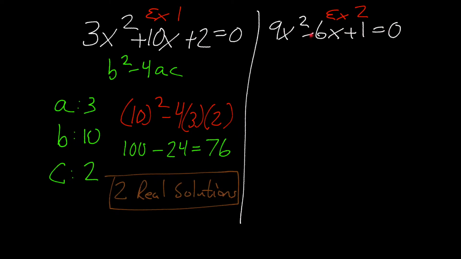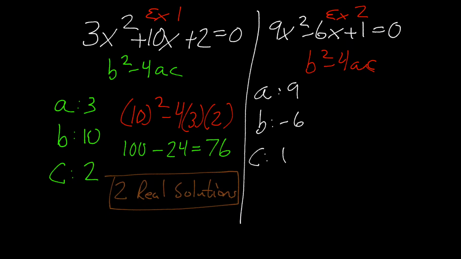Alright, let's take a look at the next one. We're still going to use b squared minus 4ac. We're going to use that for all of these types of problems when we're trying to see how many solutions there are. A is 9, B is negative 6, C is 1.